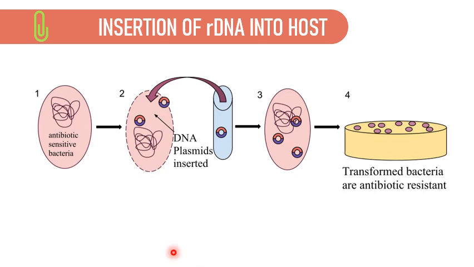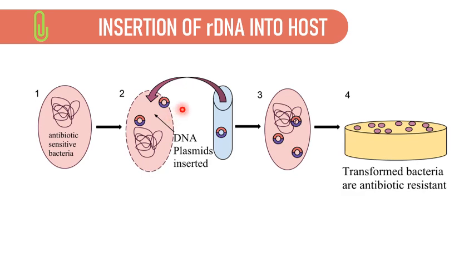Basically, usually the bacteria are not willing to give entry to any kind of foreign particles within them. So we have to make them take this particular DNA, the recombined DNA, from the external source into the bacterial cells for multiplication purposes.